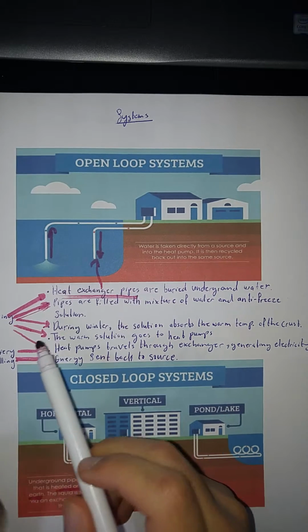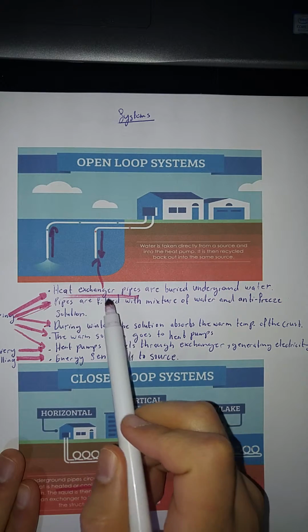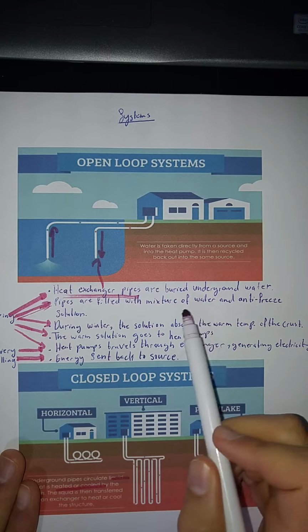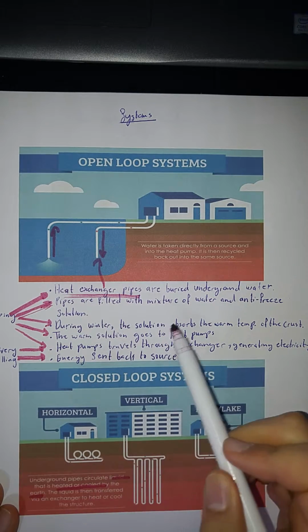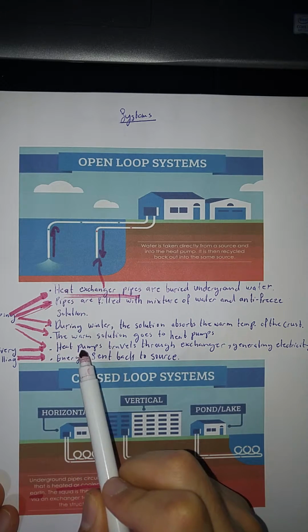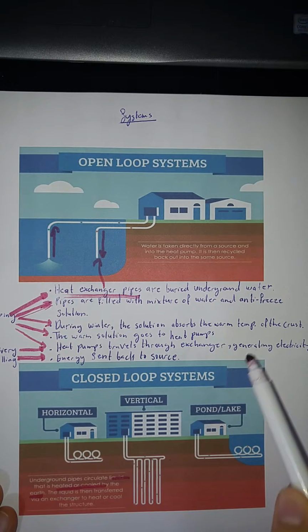So for pumping, heat exchangers, which are those pipes, are buried underground in underground water, and then the pipes are filled with a mixture of water and antifreeze solution. So during winter, this solution absorbs the warm temperature of the crust, which is underground.